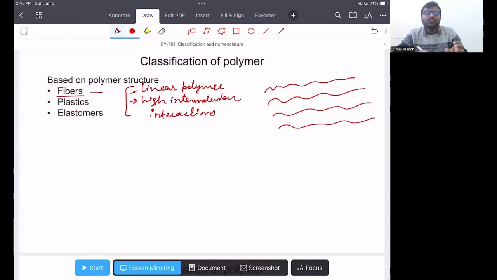So it has a linear structure and very high intermolecular interactions.